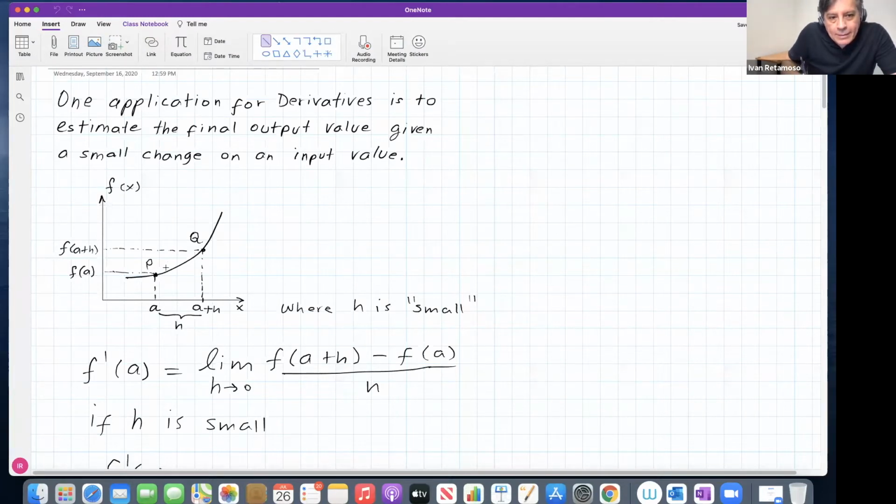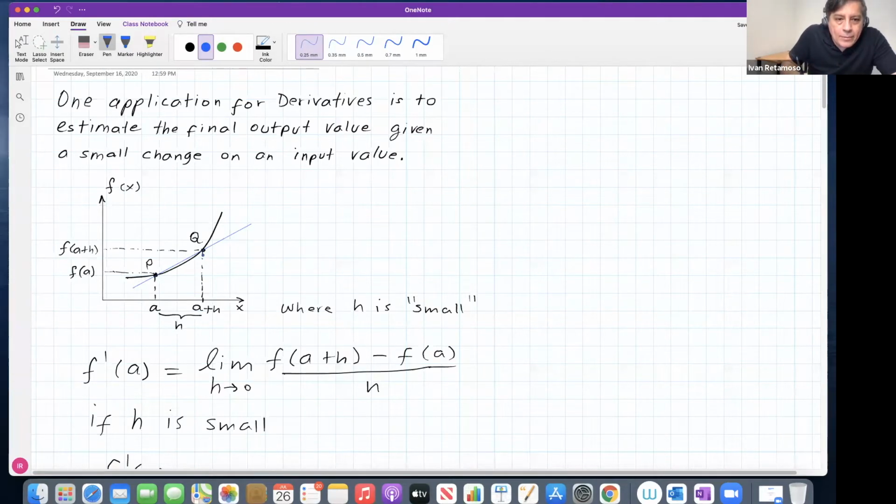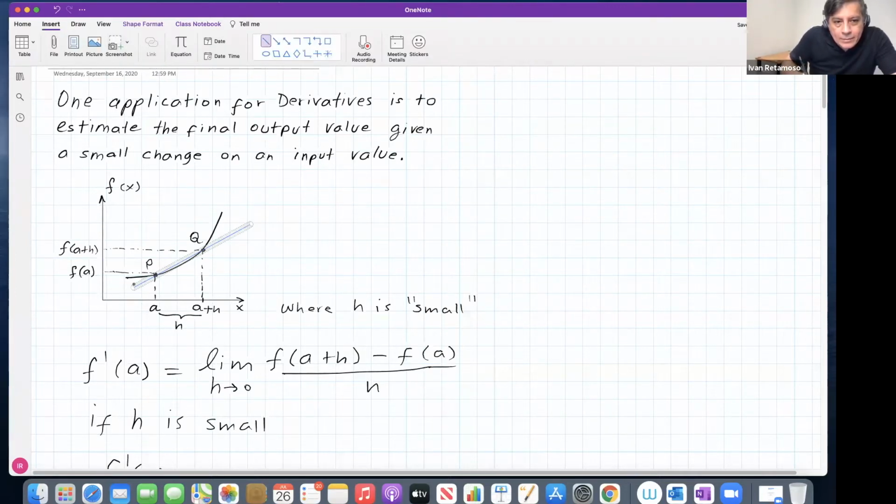But this is basically saying this: if you take the slope of this secant line and you approach from Q to P gradually, eventually you will get to this base point P, and this is what mathematicians call the derivative, the slope of this tangent line.